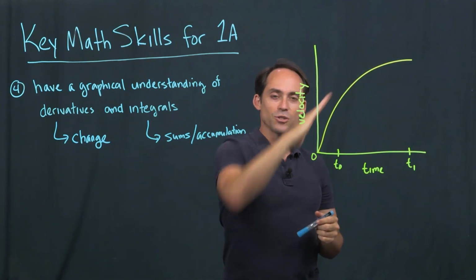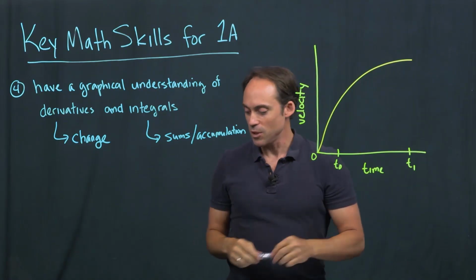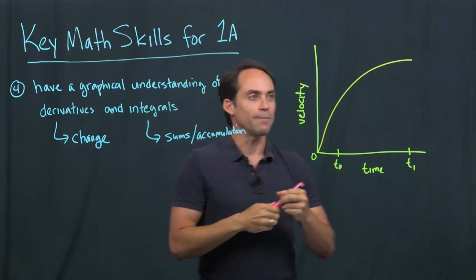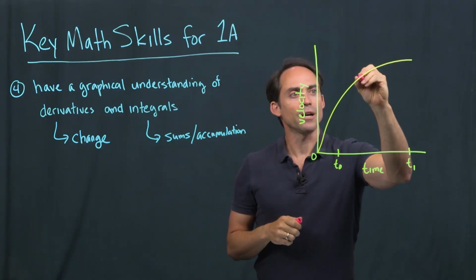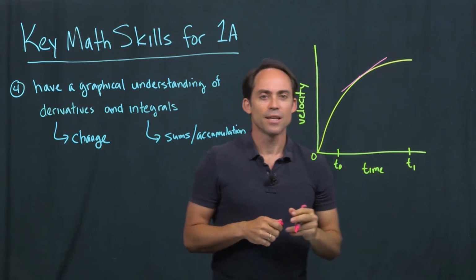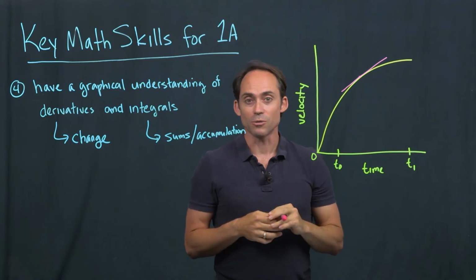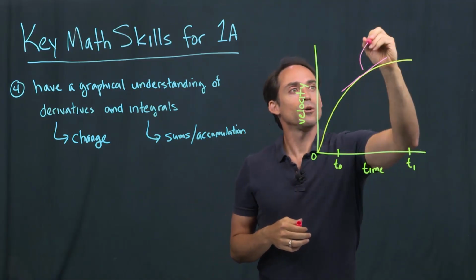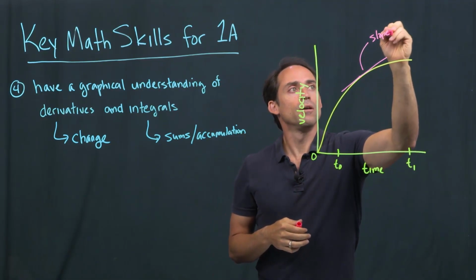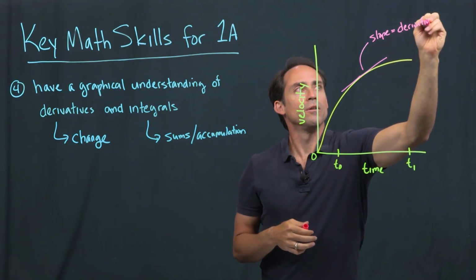And that change, how it increases or decreases as a function of time, is really just a measure of the slope of the line. And so if I take a point here and I draw a tangent line, that slope tells me essentially the derivative of this function. So slope is equivalent to derivative.